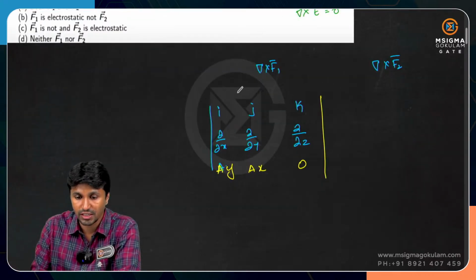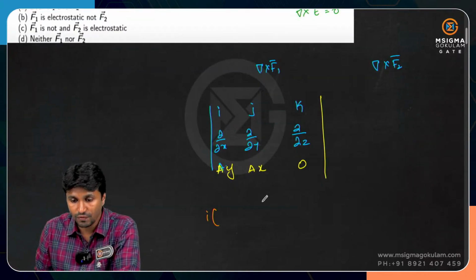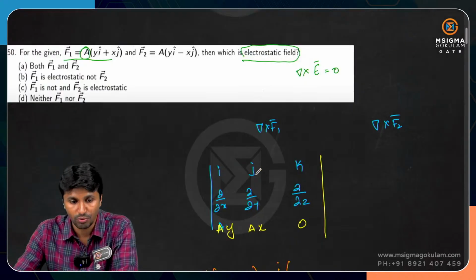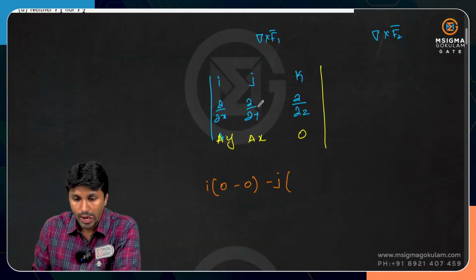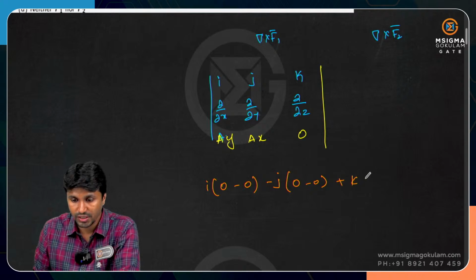So what do you get? Dou by dou Y of 0 is 0, dou by dou Z of X is 0. Minus J into dou by dou X of 0 is 0, dou by dou Z of Y is also 0. What is the K component?